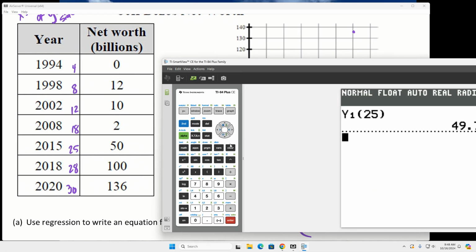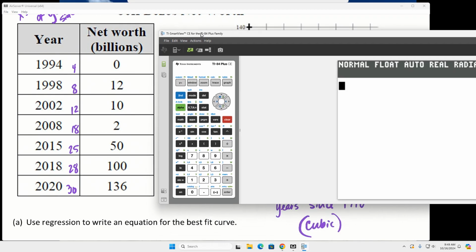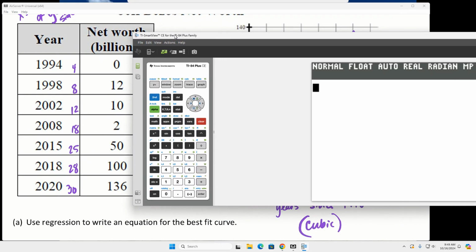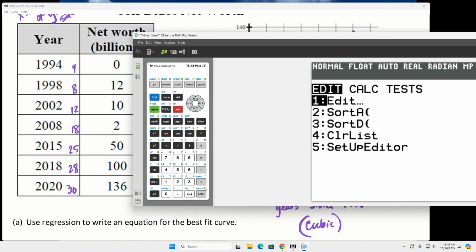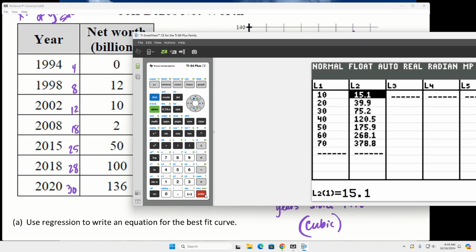So what I'm going to do is put this into the calculator by hitting Stat, and then hitting 1 on Edit, or Enter on Edit. Alright, I have data in my calculator that is not this data, and you probably do too. So if you do, the easiest way to clear out your data is to hit Up, Clear, and then Enter. Do not hit delete.